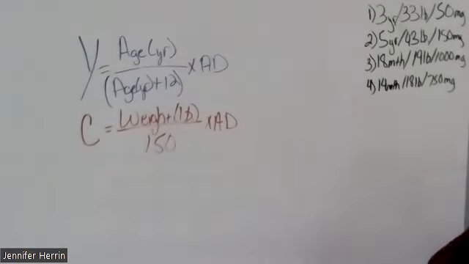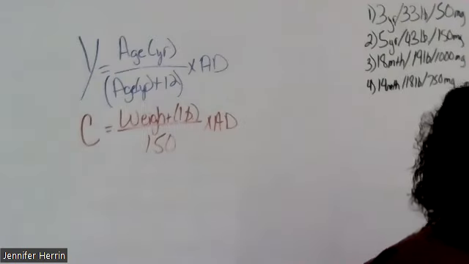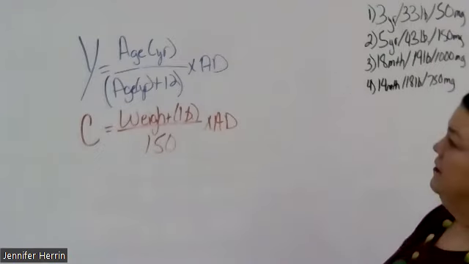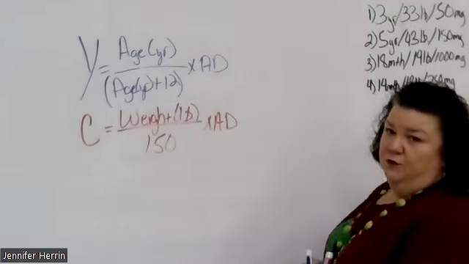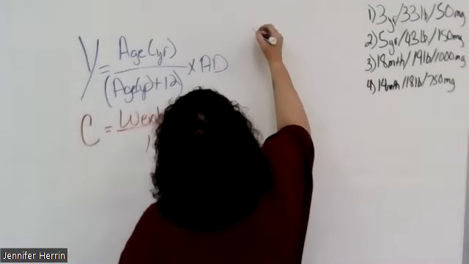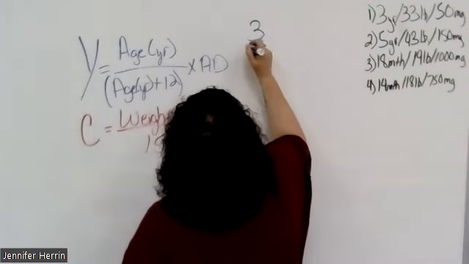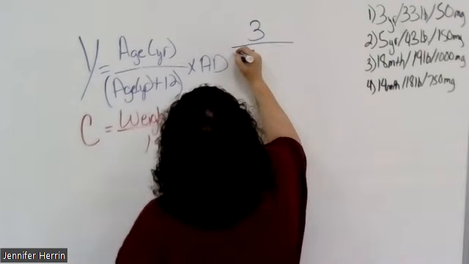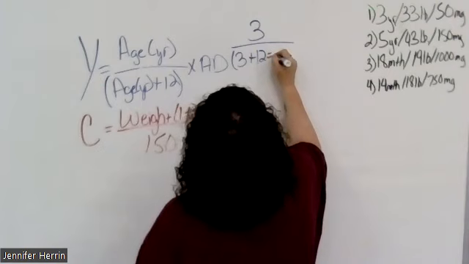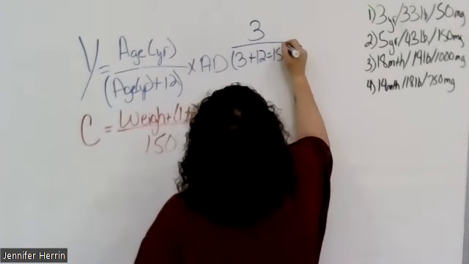So example number 1 says we have a 3-year-old that's 33 pounds and the average adult dose of the medication would be 50 milligrams. So if we're going to use Young's rule on this particular scenario, then we're going to take 3 because that's how old the individual is in years. We're going to set that over 3 plus 12, which equals 15.